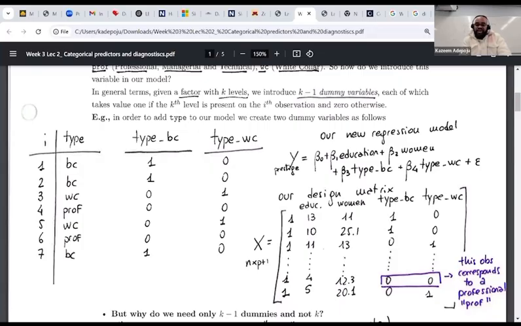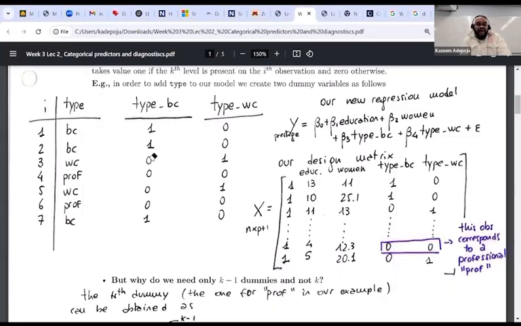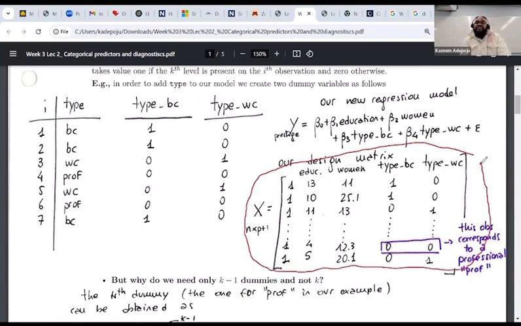Now I need you to pay attention. This is our design matrix X based on this model.